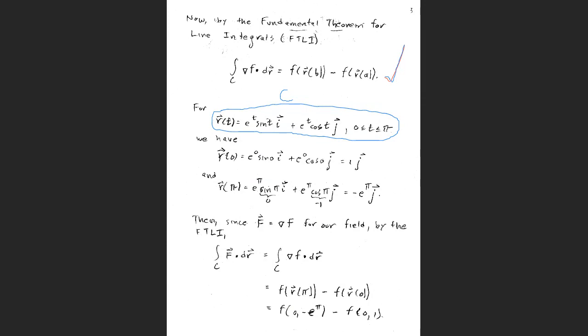The beginning time is 0, so r of 0 is equal to 1 j. That's when the particle starts moving at time equals 0. And then the particle stops moving at time equals pi, so it'll end up at position negative e to the pi j.